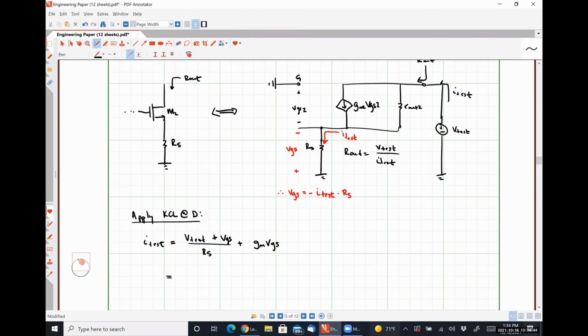And substituting in my Ohm's law relationship, this gives me V test over, sorry, did I make a mistake here? Yeah, I absolutely did. I'm sorry. This should be over R out. Apologies.